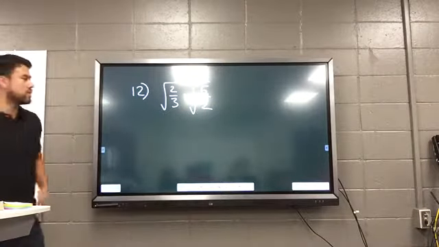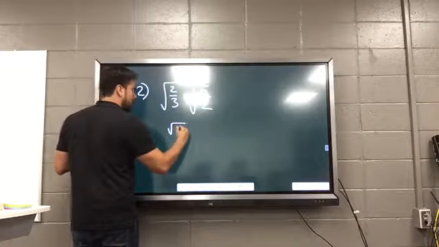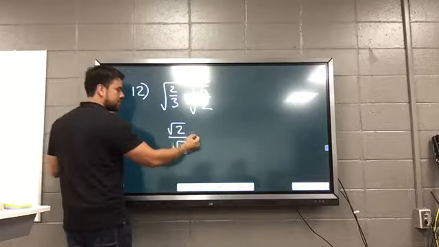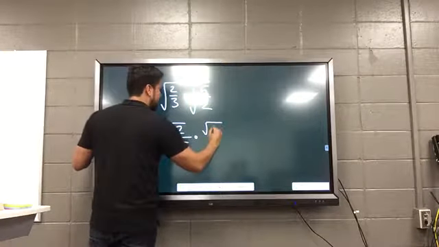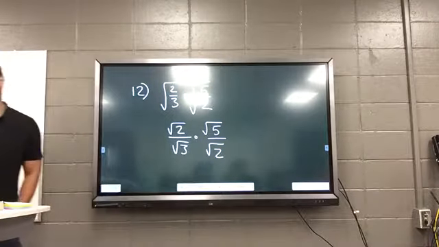First, the quotient square root theorem is saying you can write this first fraction like this, and I can write the second one like this, and then I can multiply.